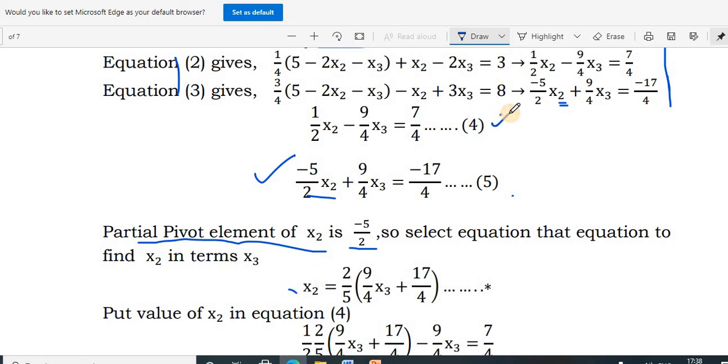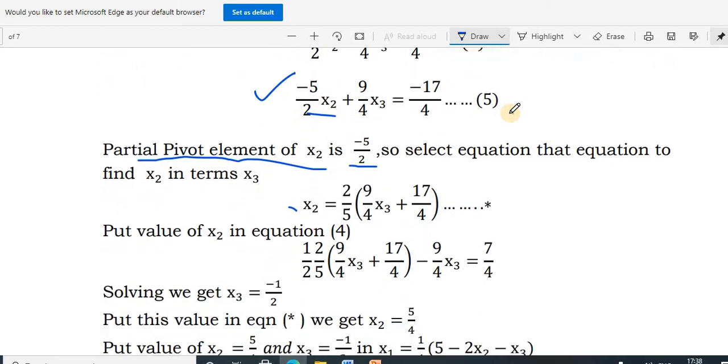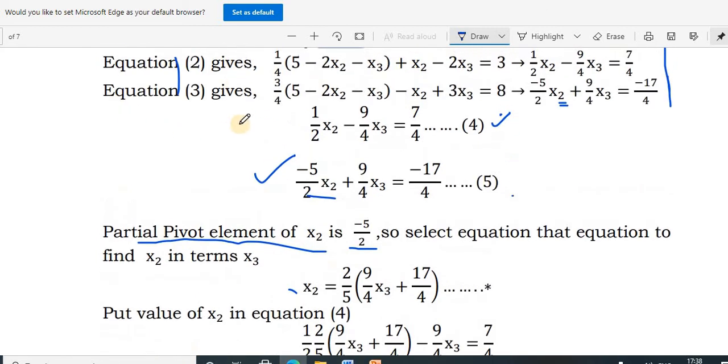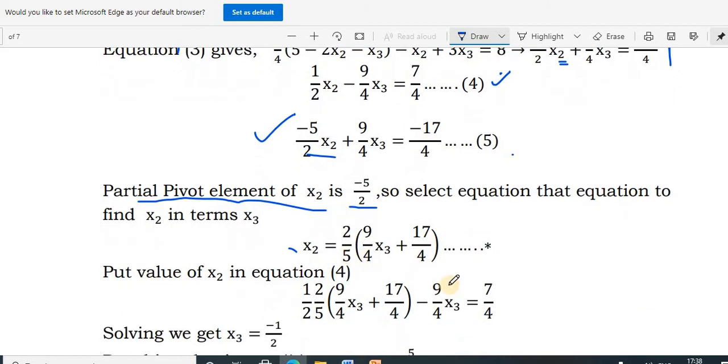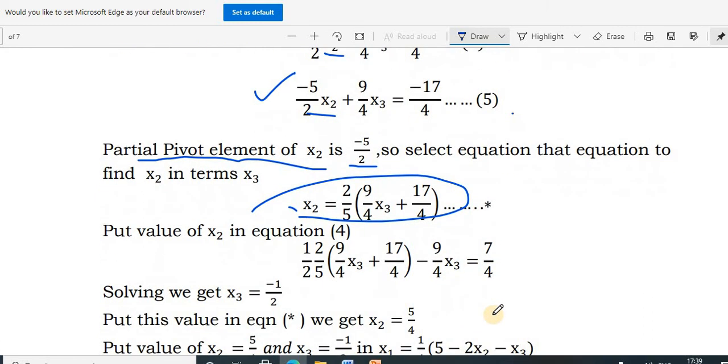So I substitute in equation 4. So I get equation 4 as 1 by 2, which I keep as it is. Then I substitute the value of x2 which I obtained here. So this is 2 by 5 into 9 by 4 x3 plus 17 by 4, minus 9 by 4 x3 is equal to 7 by 4.